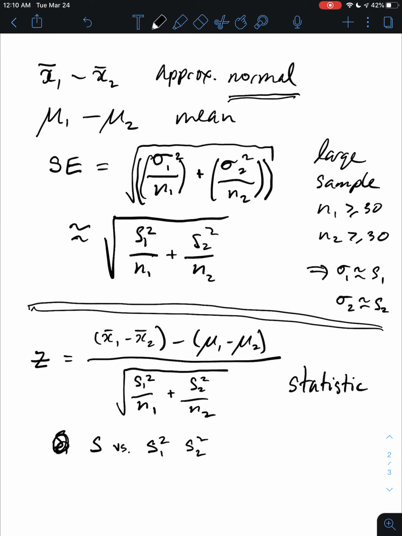And it's just more convenient to express the formulas in terms of the variances, because that is how they appear in the formulas. So the variances are in the standard error formula for the difference between two population means. Compare that to a single population. The formula for standard error looked like that, and that was based on the standard deviation. In this case, it is based on the variances.